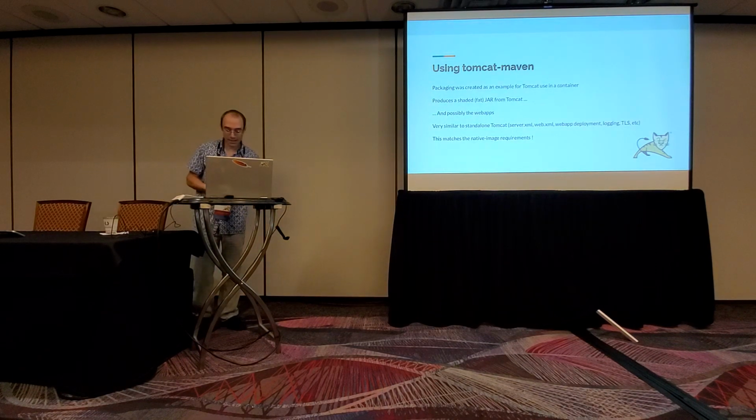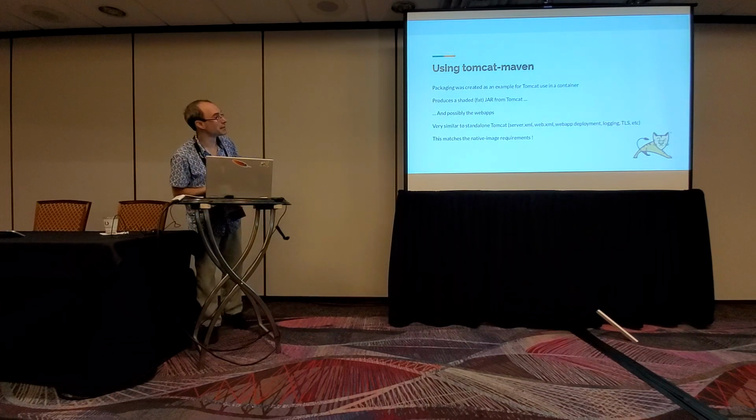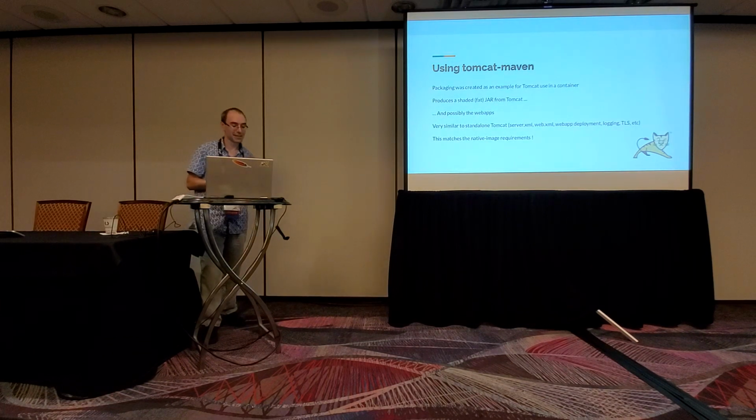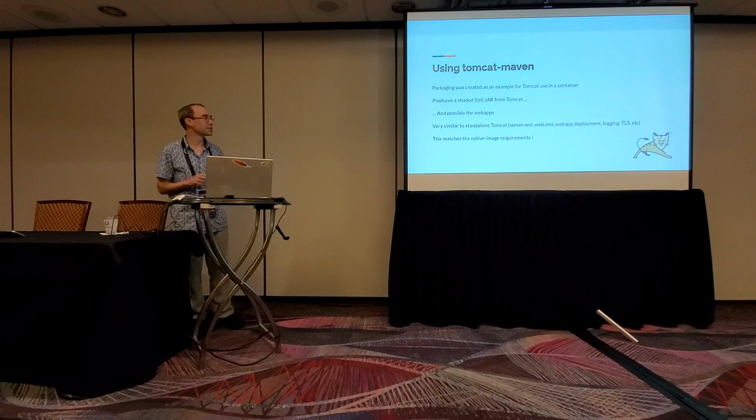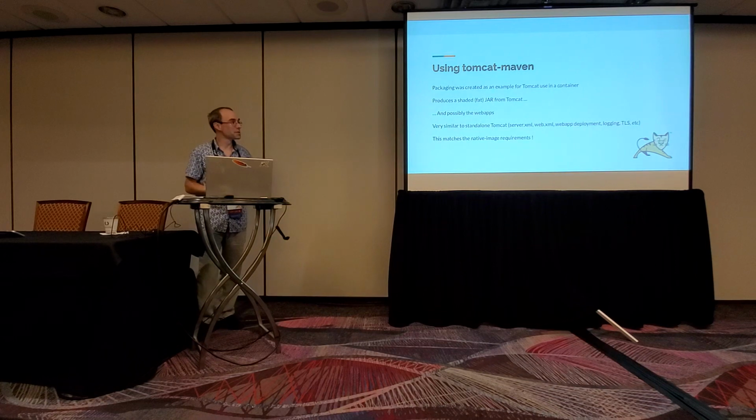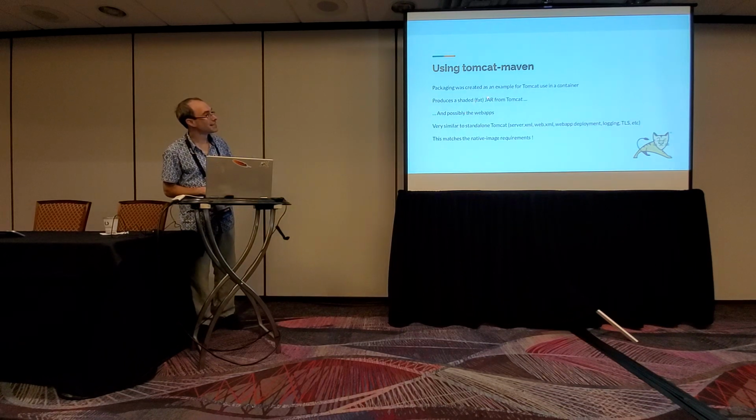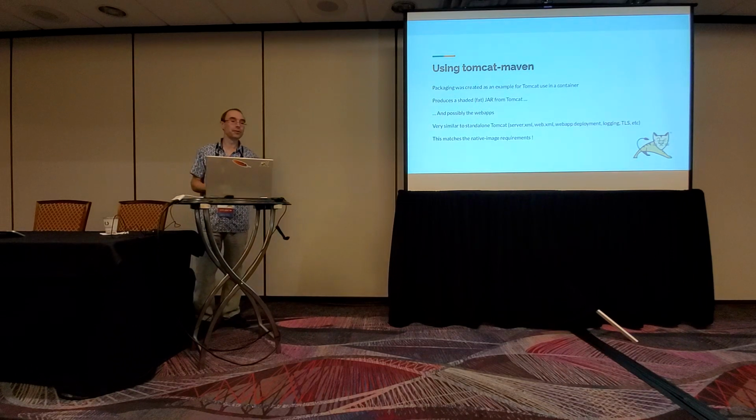Alright, so to achieve all that, I worked on a packaging I created for containers. I called it Tomcat Maven, probably a bad name, but it was an example to create container images from Tomcat, basically, and it produces a fat jar with all sorts of stuff from Tomcat, whatever you need.